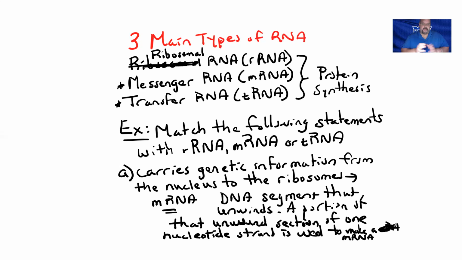And as we'll get into, there's going to be an identification point of where the messenger RNA should start to be made from, okay? So you have a DNA segment that unwinds by breaking the hydrogen bonds between complementary bases, not the entire DNA double helix, but a segment of it. And then a portion of that unwound section of one nucleotide strand is used to make a messenger RNA.